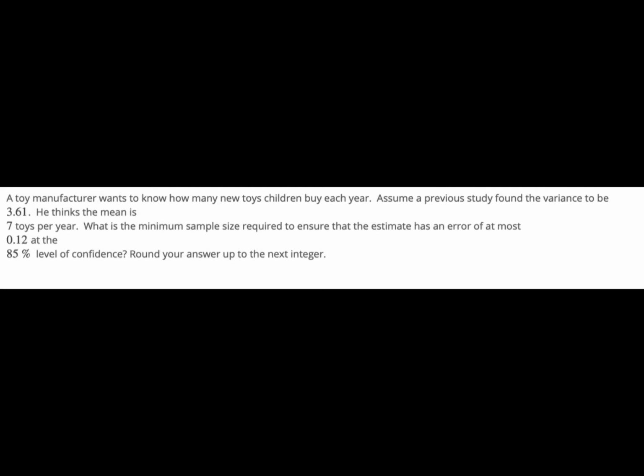The largest error that they want is 0.12. Remember that the margin of error was that Z score, that Z of alpha over 2. So it was the Z value, which is dependent on how confident you want to be. It's the Z score multiplied by the standard deviation divided by the square root of the sample size. And that has to equal that margin of error of 0.12.